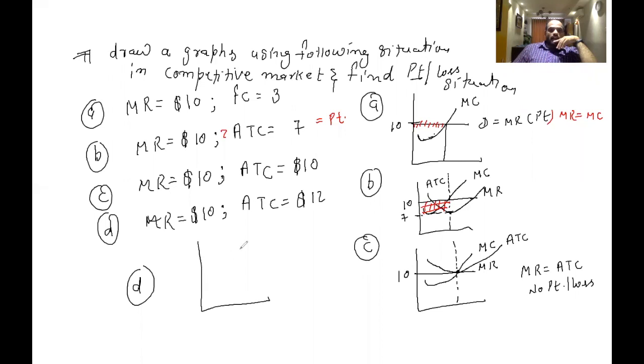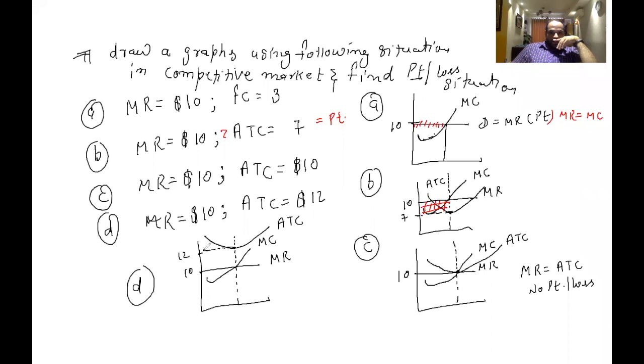And D, right? D is MR 10 and ATC 12. So MR 10, right? And that's your marginal cost, right? And ATC is 12. So let's see here. So that's your ATC.